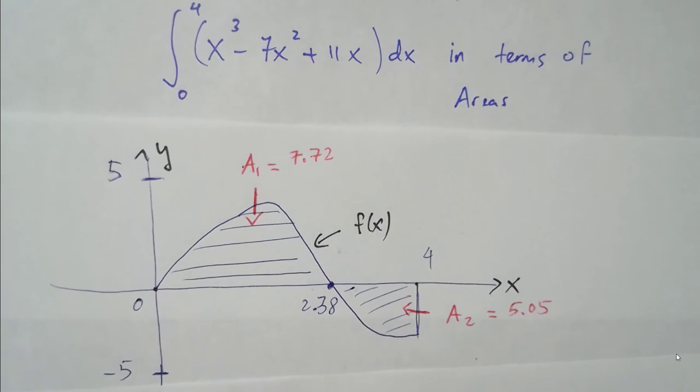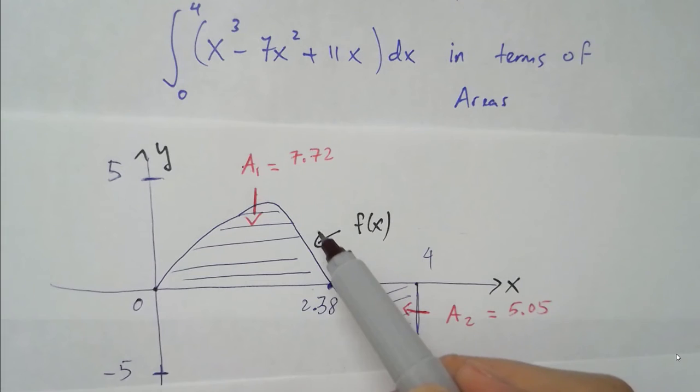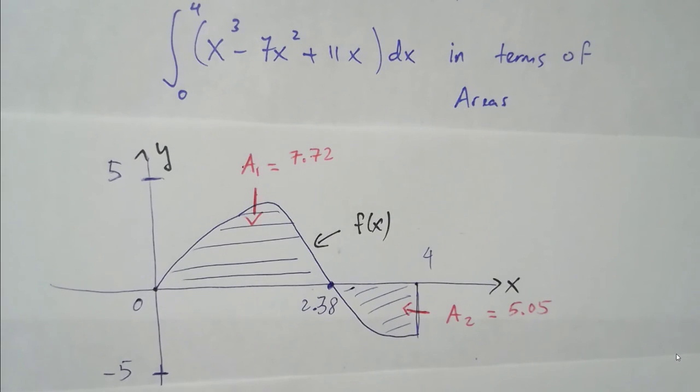We can find this by using the TI-84 graphing calculator, or you can do that by hand. And then the area of the second region here is found to be 5.05. Now, we define anything above the x-axis to be a positive value, and anything below the x-axis to be a negative value.